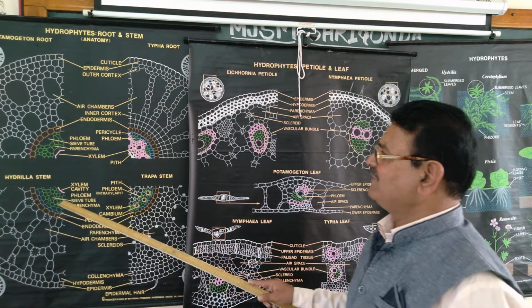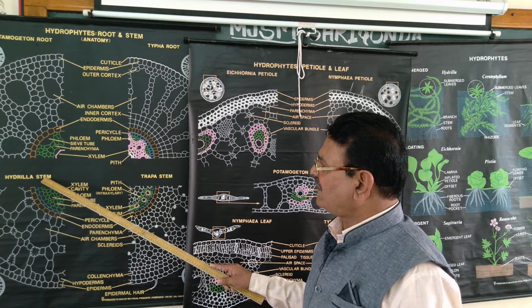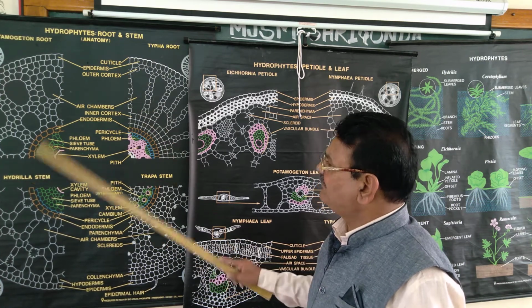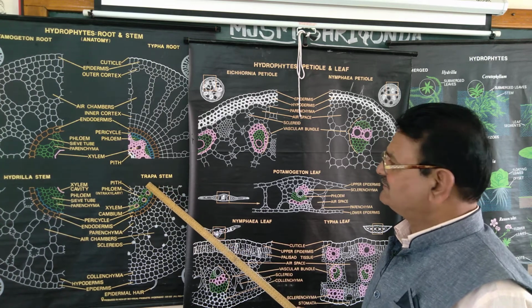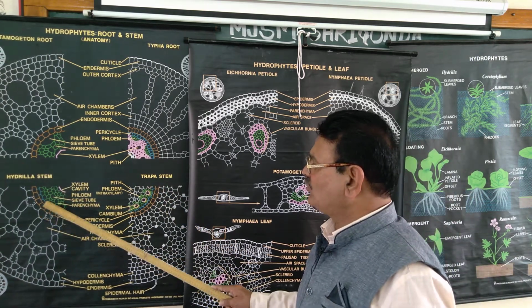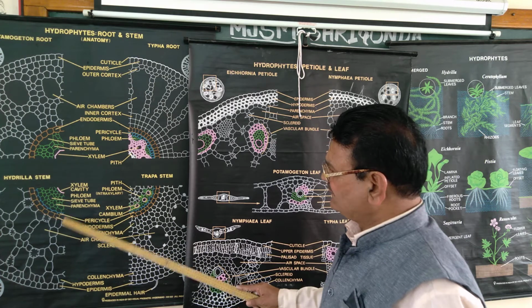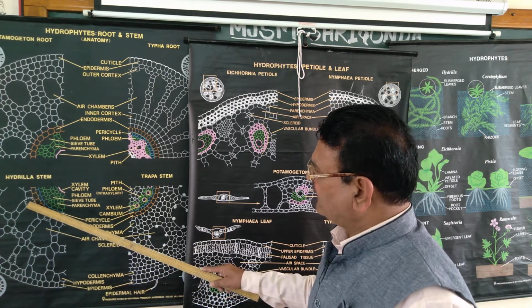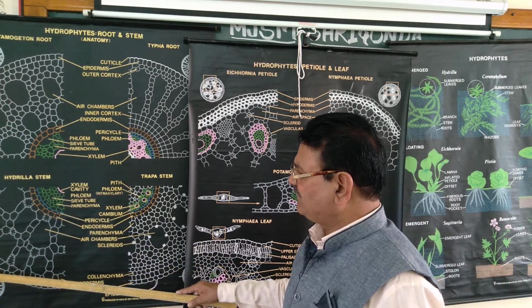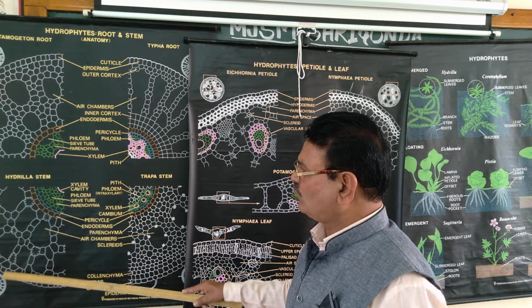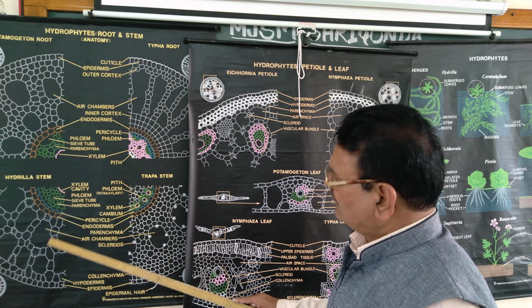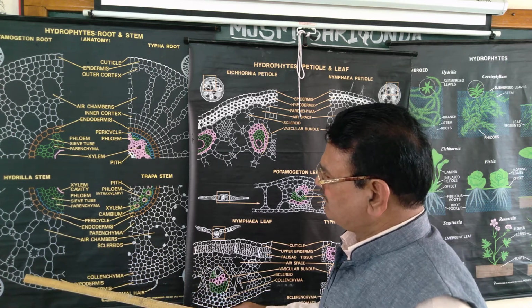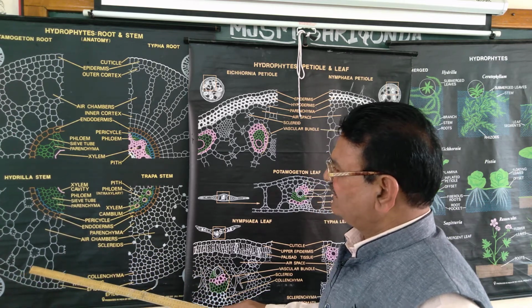Then Hydrilla stem. Ecological adaptations of Hydrilla stem, that is, anatomy of Hydrilla stem and anatomy of Typha stem. Hydrilla stem shows circular outline. It is covered with single-layered epidermis with cuticle. Epidermis is compactly arranged with chloroplast. Then it is followed by 1 to 2 layered cortex, and then a middle layer which is aerenchymatous.